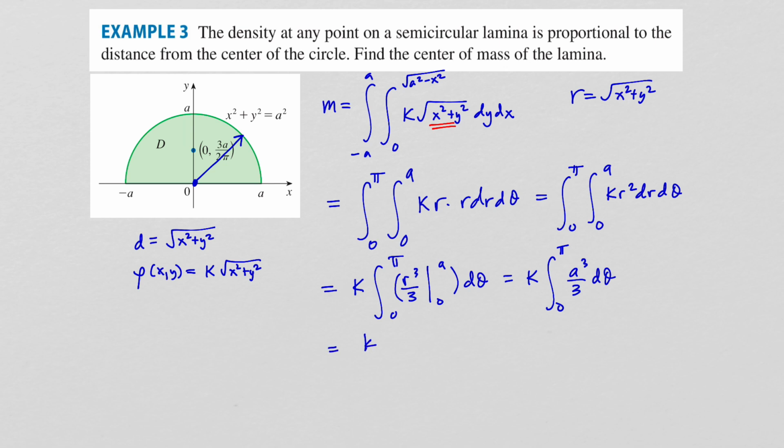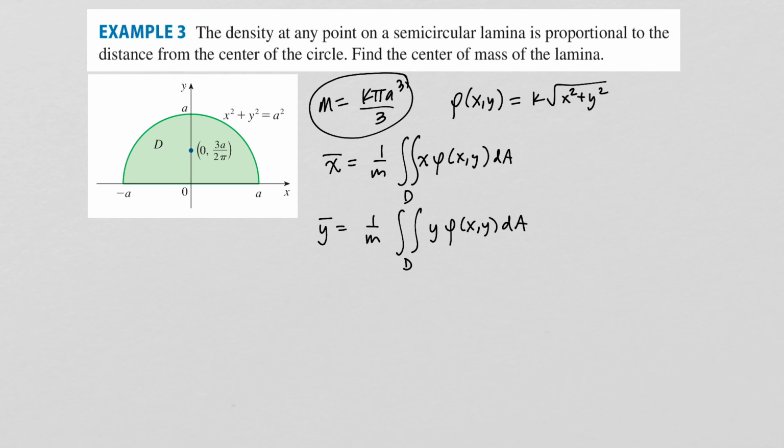So I have k a cubed over 3, and then the integral of d theta is theta, and this goes from 0 to pi, and plugging in pi, we get k pi a cubed over 3. And this is the mass. Now we can use this to find the center of mass.